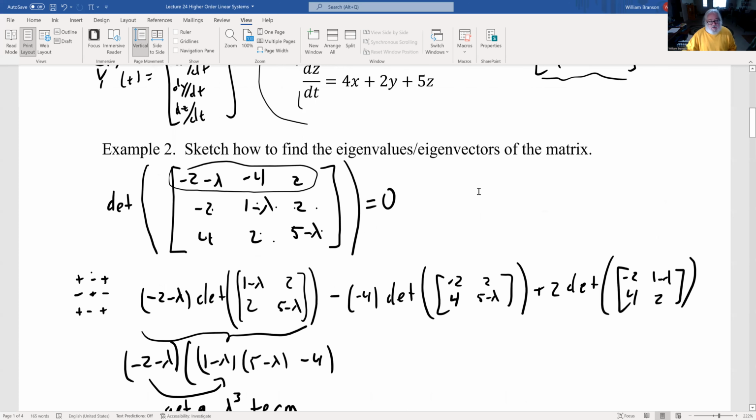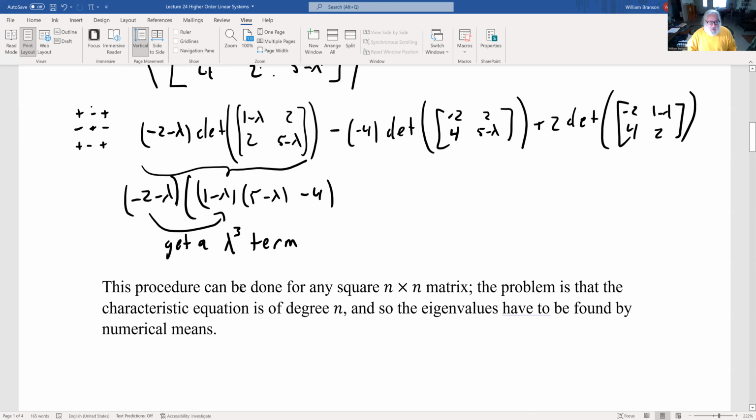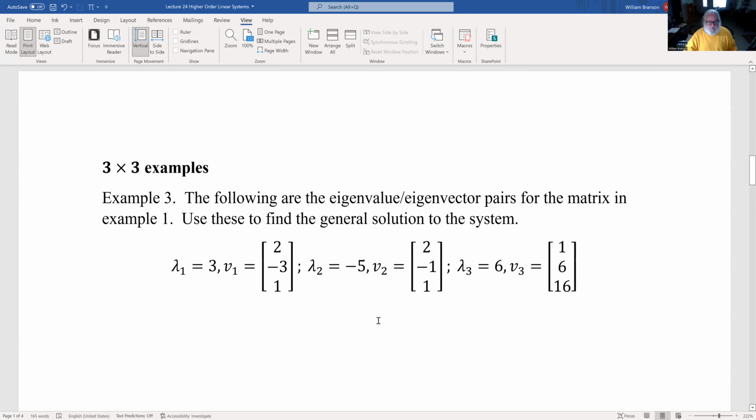So for a 3 by 3 matrix, the equation to find the eigenvalues has a lambda cubed term, a polynomial of power 3. You have to solve that. Factoring often doesn't work. You have to do some kind of numerical analysis. So the characteristic equation in general will be of degree n, and then you have to find all the roots, usually by numerical means.